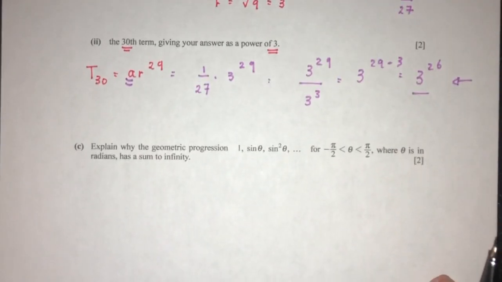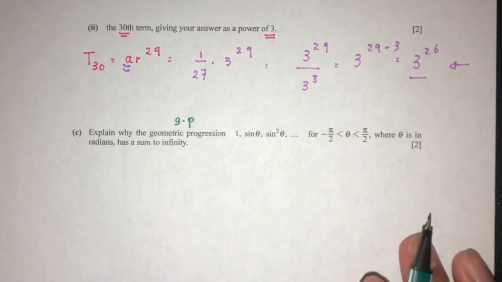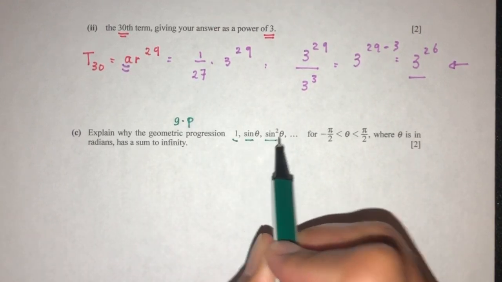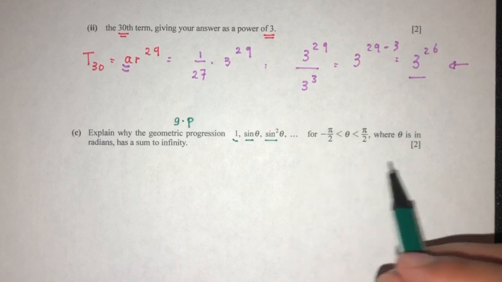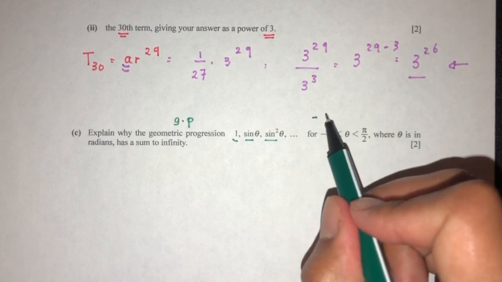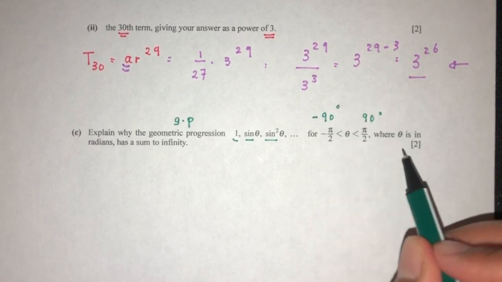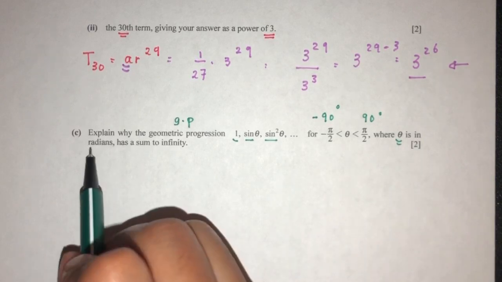Now let's move on to part C. Explain why the GP has a sum to infinity for values of theta in this range, where theta is in radians.